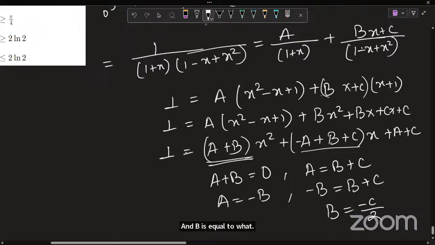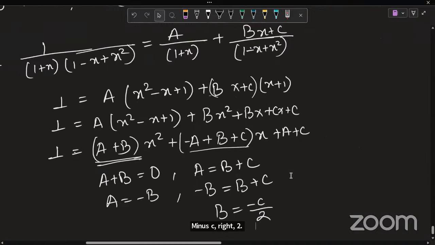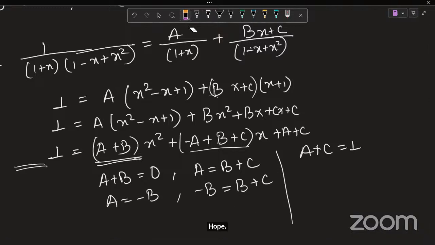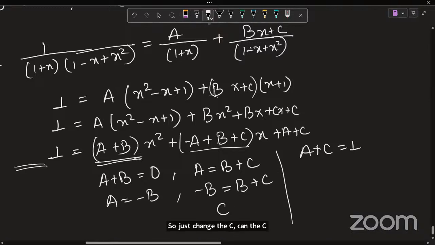Let's find the value of b. From where are we comparing these values? From the left hand side, you can see that it doesn't have any coefficient of x square, and a plus c is equal to 1. So just change this a to c, and c is equal to minus 2b.